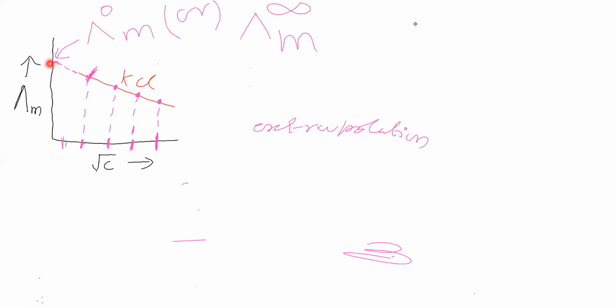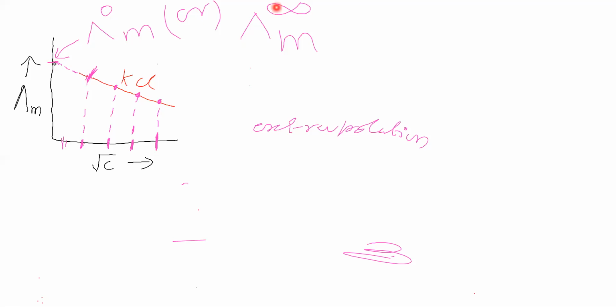Molar conductivity at infinitely diluted solution, or molar conductivity at 0 concentration. Why? Because for this point concentration is 0, and concentration 0 means infinitely diluted solution. The respective molar conductivity is called lambda m0, molar conductivity at 0 concentration, or lambda m infinity, molar conductivity at infinitely diluted solution.